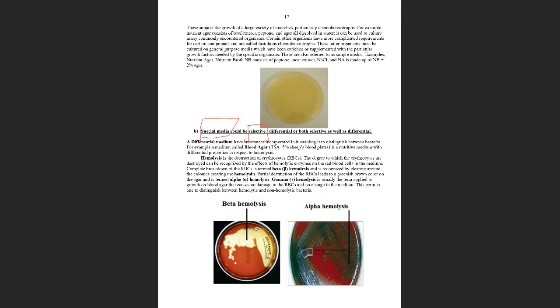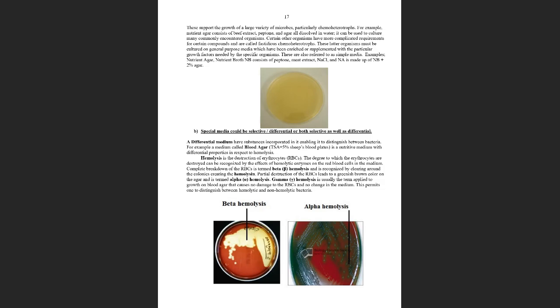Okay, special as well as differential. These are really, really important terms for you to pay attention to, guys, as I walk you through the background. So a differential media, what does it mean? The definition is a differential medium has substances incorporated in it, enabling it to distinguish between bacteria.